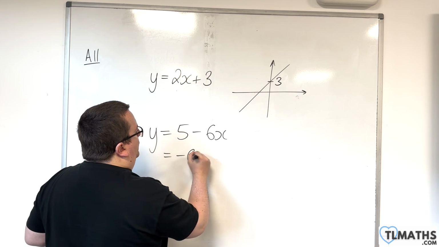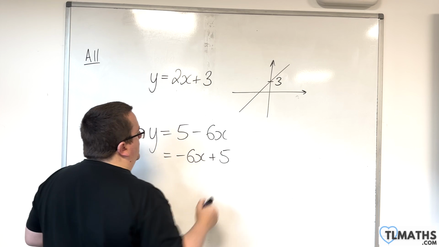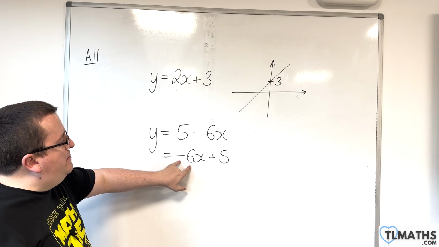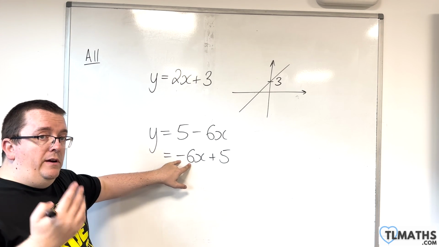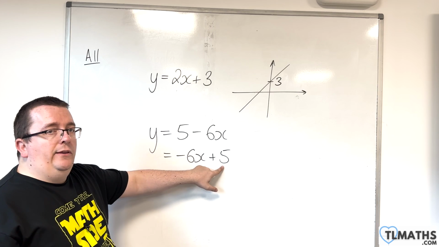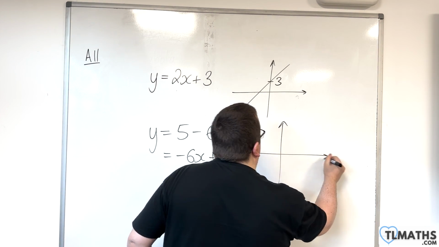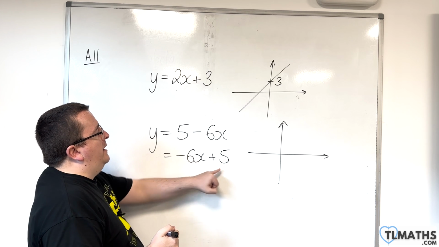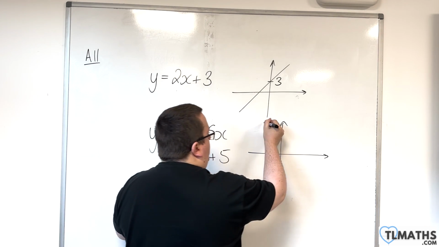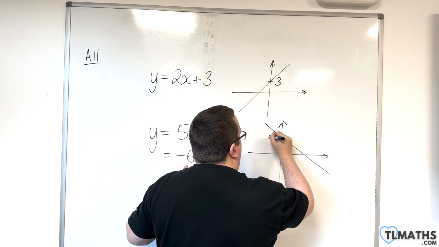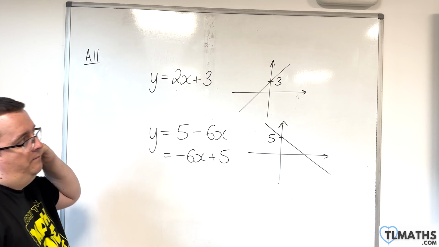This is minus 6x plus 5, and so here you can see that m, the gradient of the line, is minus 6, the intercept is 5, and that's really what I was looking for. So it's going through 5 on the y-axis. We've got a negative gradient, so it's going to go down that way, and so that's 5. Okay?